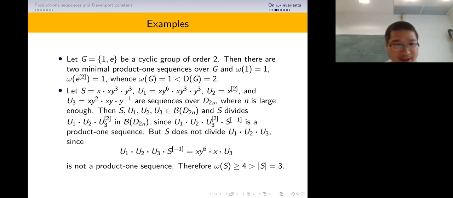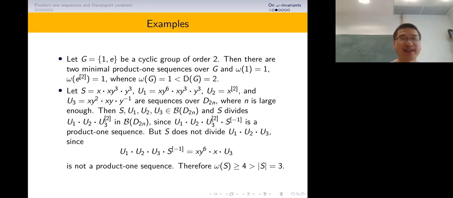But for the next one, we can see easily that for any product-one sequence over G, if e is a term of that product-one sequence, e should appear an even number of times. So you can see that the omega invariant of e squared is 1. Once we know the omega invariant of G equals 1, which is strictly smaller than the Davenport constant.